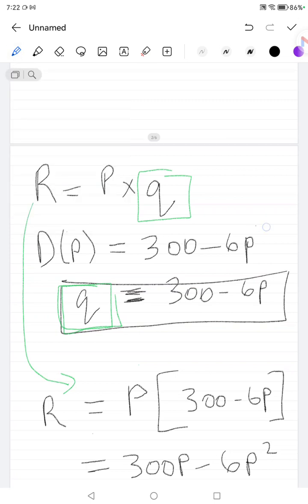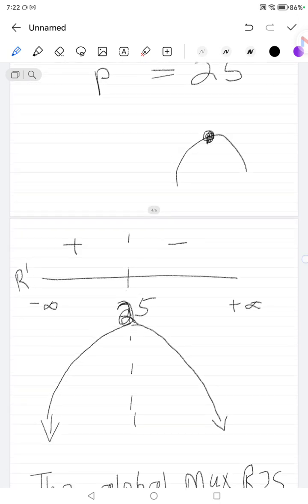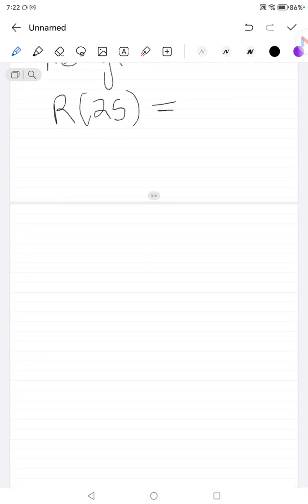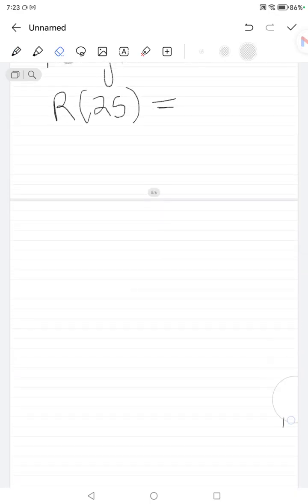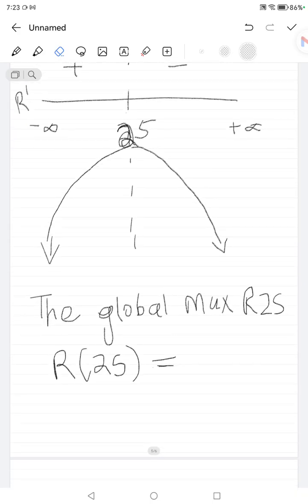Let me check. Then you said it's 150. I think it's supposed to be higher, unless we've done something wrong.